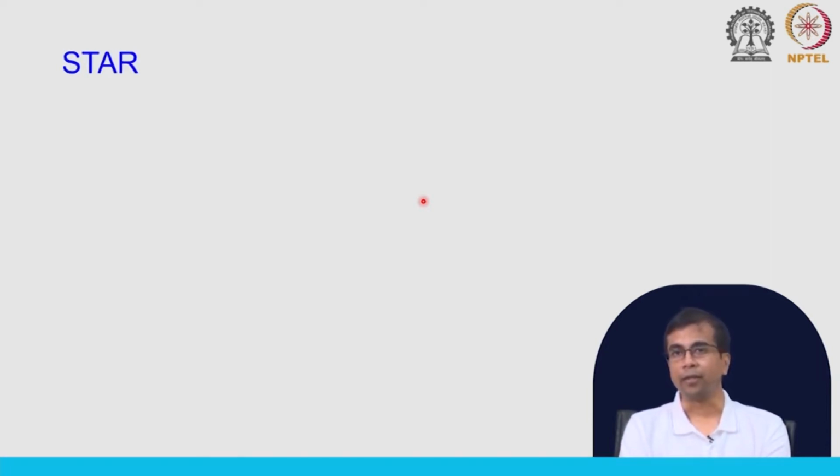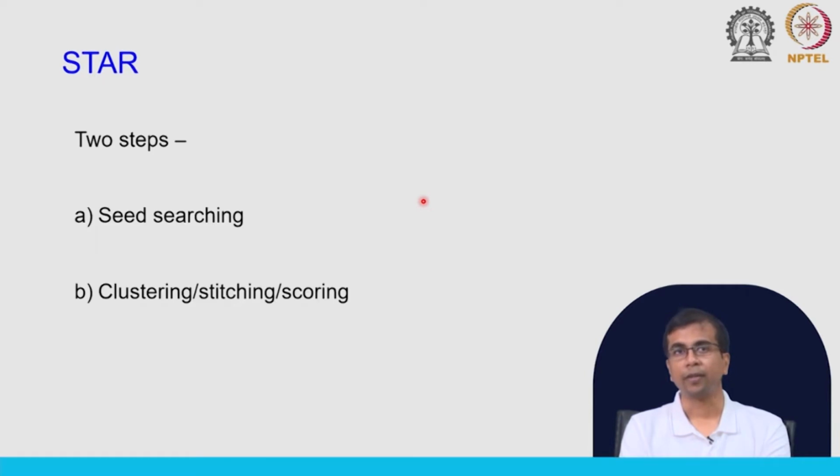Okay, so another tool is STAR. There are two steps in this process. It relies on something called seed searching, and then the second step is clustering, stitching and scoring. So, it sounds very familiar to us, the seed searching. You are generating seeds and you are searching against the reference sequence.